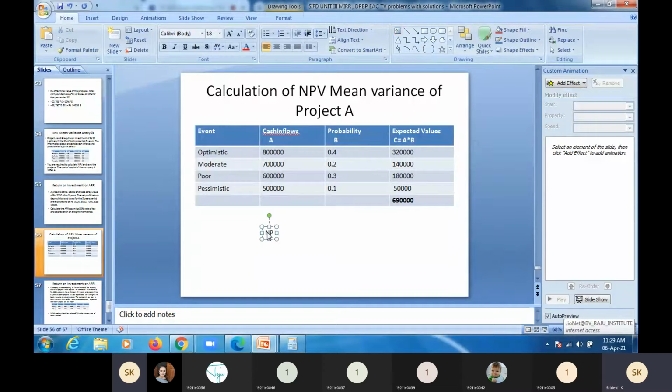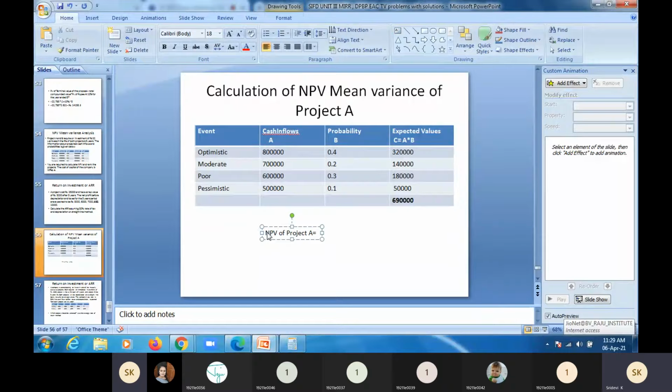So take the NPV formula, NPV of project A is equal to, so whenever we are going to find out the present value of cash inflows, then what we are going to do is total present value of cash inflows minus investment, no? Present value of investment. Here we have calculated only the expected values.